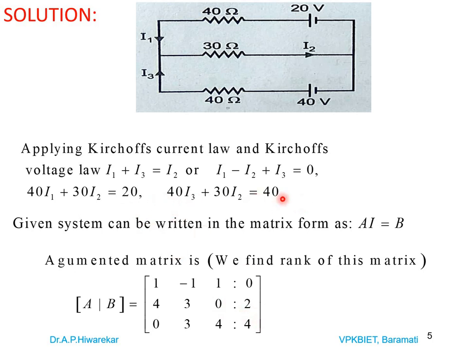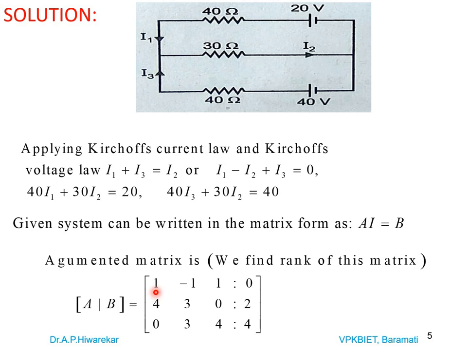Here also we take 10 common and cancel. The third row is 0, because the I1 coefficient is 0, the I2 coefficient is 3, the I3 coefficient is 4, and that is equal to 4. So the first row is 1, minus 1, 1, 0. The second row is 4, 3, 0, 2. The third row is 0, 3, 4, 4. So that is the augmented matrix AB.